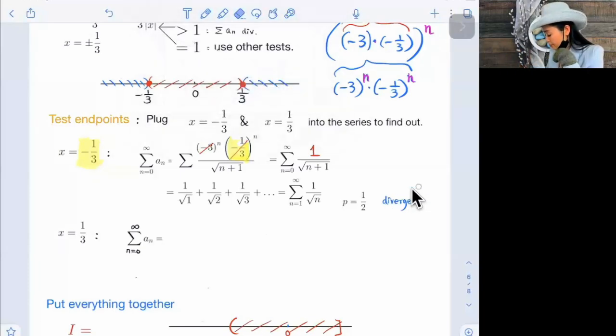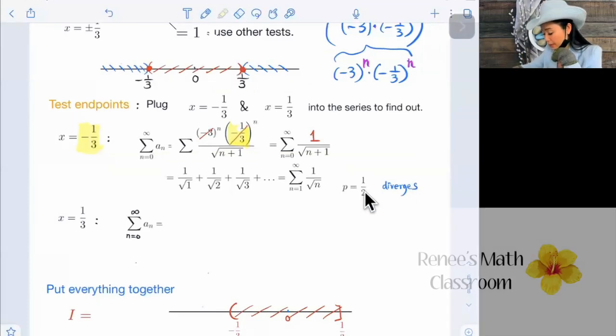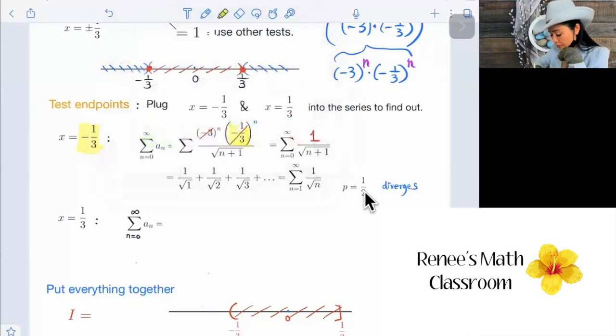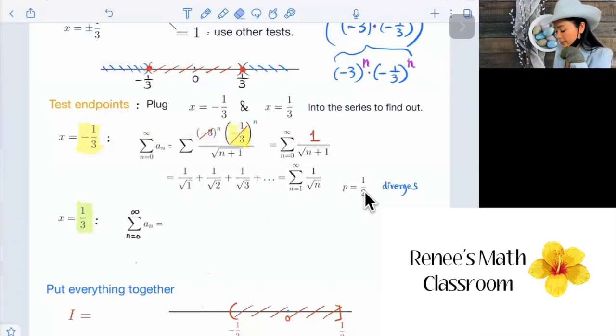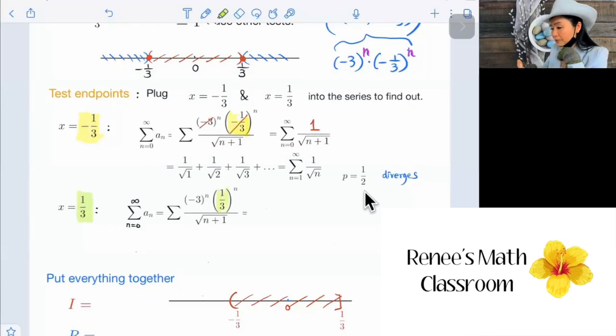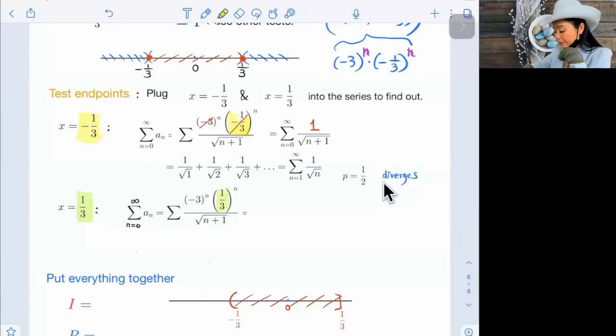Okay, how about the 1/3? How about you substitute the 1/3 in it? Put it in. What do you get? Yeah, this will be 1/3, right? Except this time when you do the canceling, this 2 will become what?